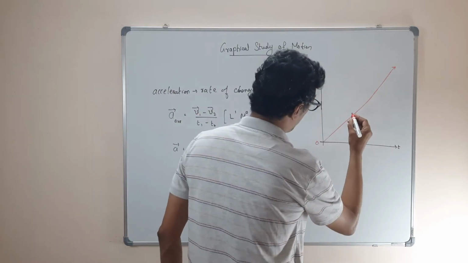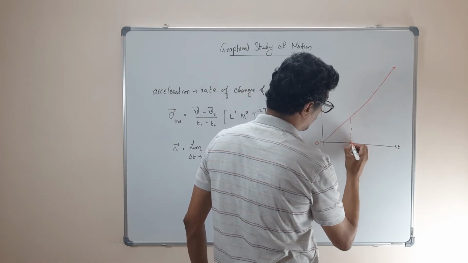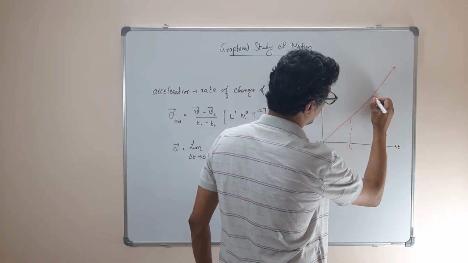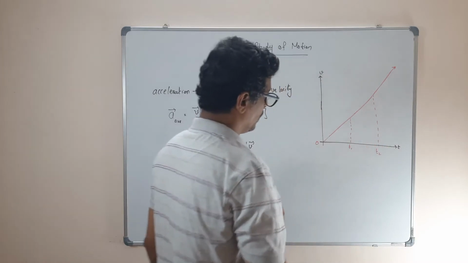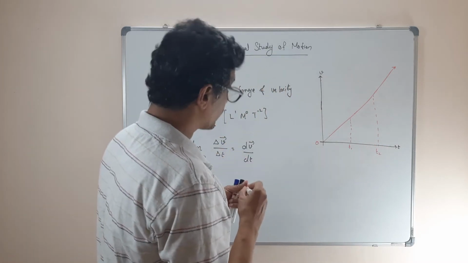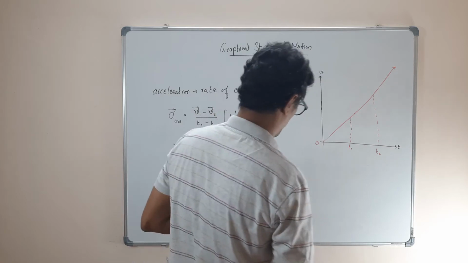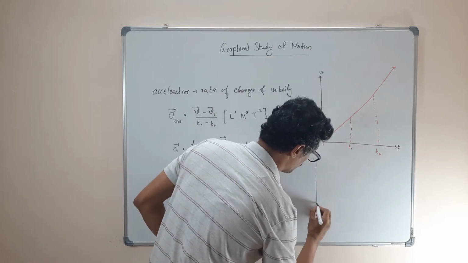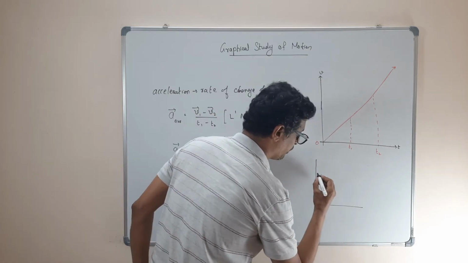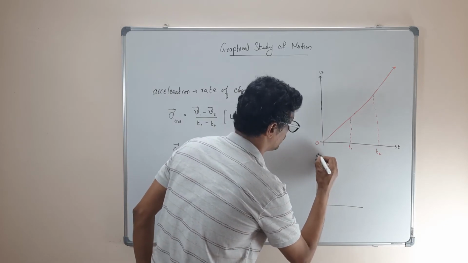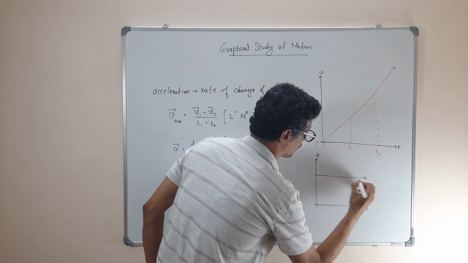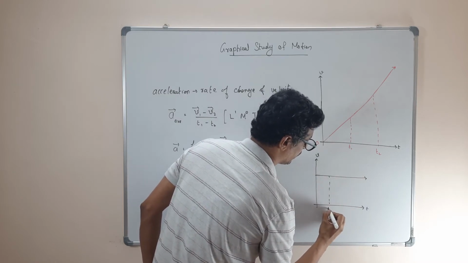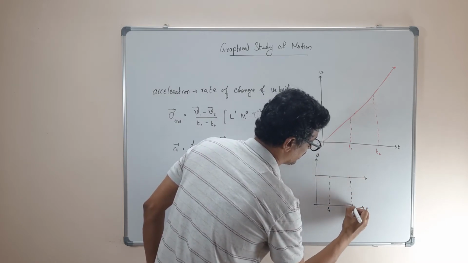I am taking two points, T1 and T2. Let us go over the first case, the simplest one, uniform velocity. You remember uniform velocity? What will the line be? A straight line. So I am going to take two times T1 and T2.